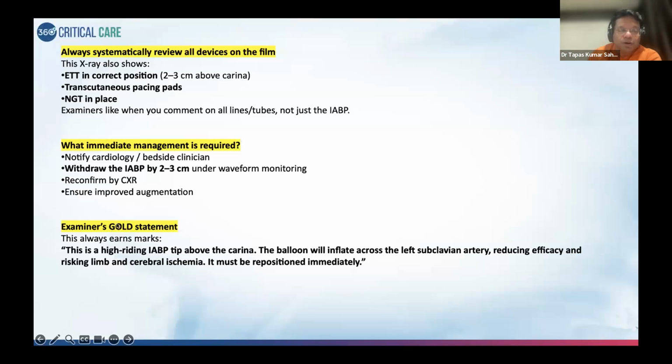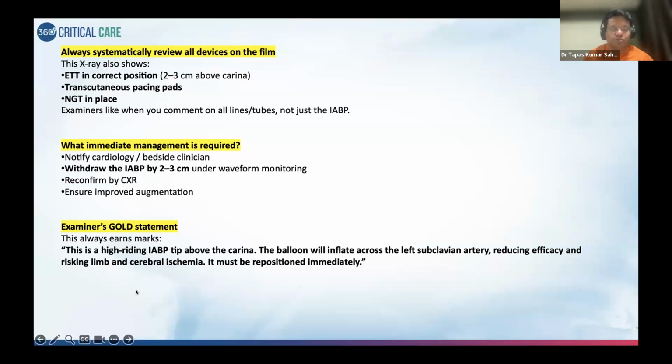So your answer to get the gold medal should be: this is a high riding IABP tip above the carina. The balloon will inflate across the left subclavian artery, reducing efficacy, risking limb and cerebral ischemia. It must be repositioned immediately, doctor. If you are the attending consultant answering me like this and I am the chief, I should be impressed.